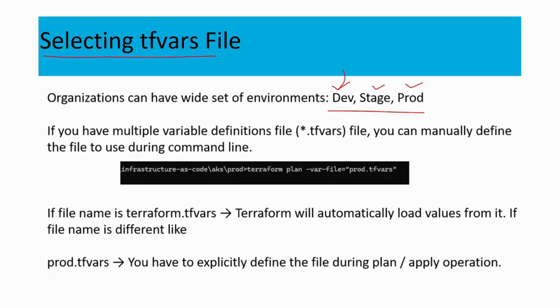We are going to do a one-to-one mapping between dev, stage, and prod with names like dev.tfvars.